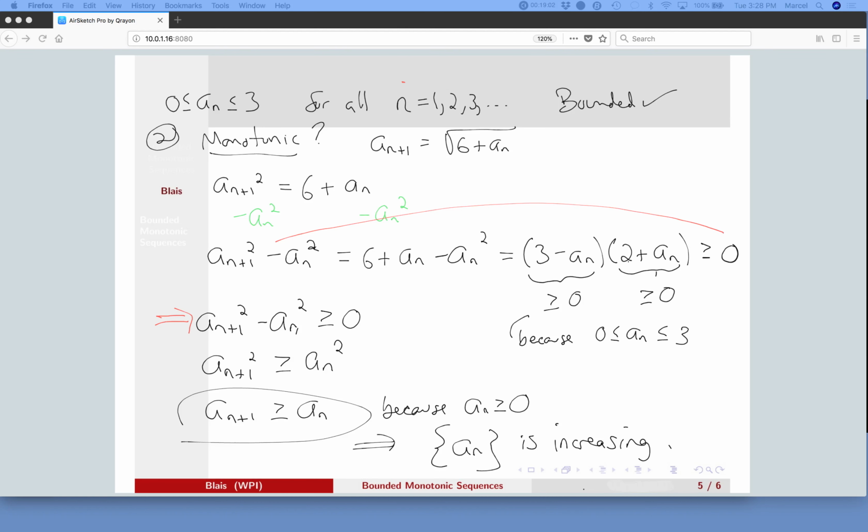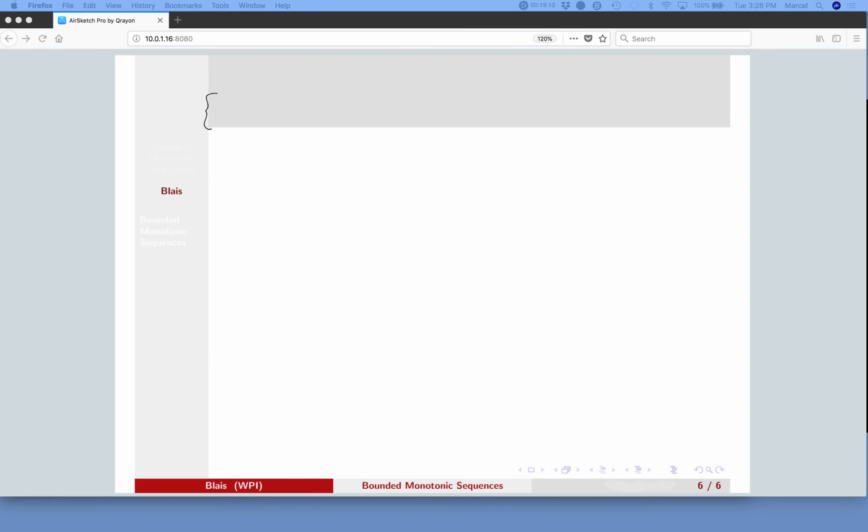Now, bringing this all together, we have that our a sub n sequence is bounded and increasing, which means by our theorem that it converges.